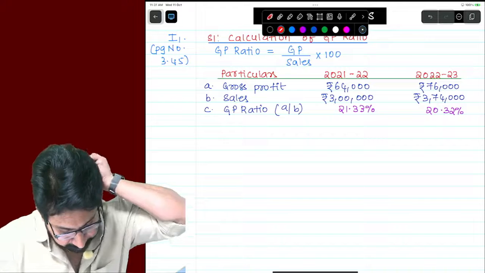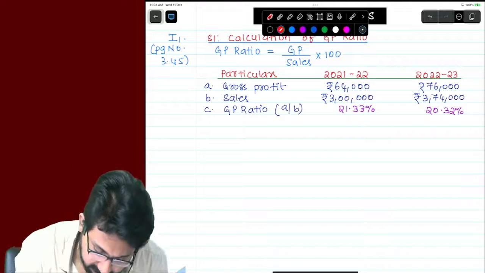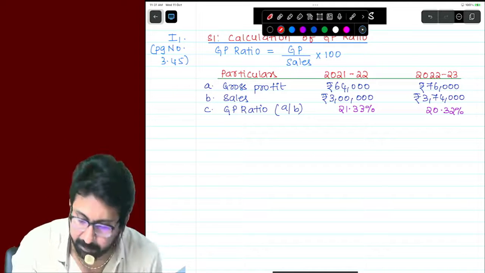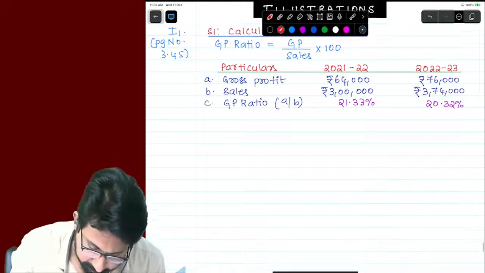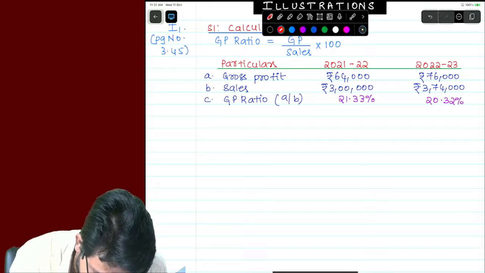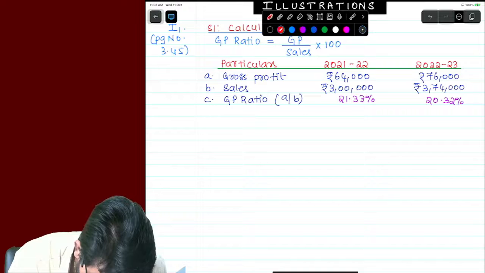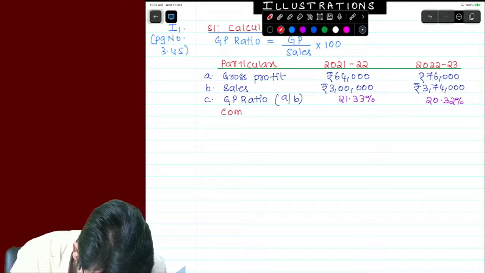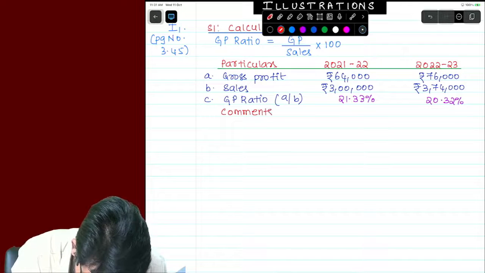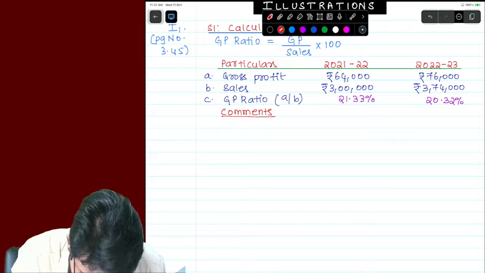Sorry, write down. Gross profit ratio, A by B: 21.33 and 20.32. Next, below, write down the comment.